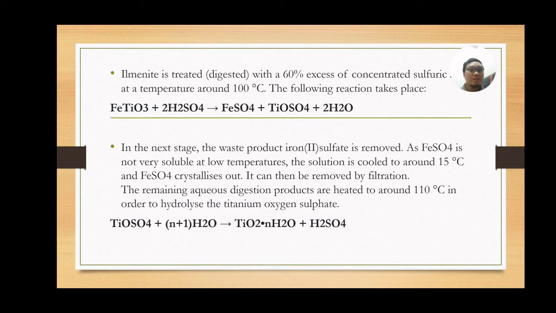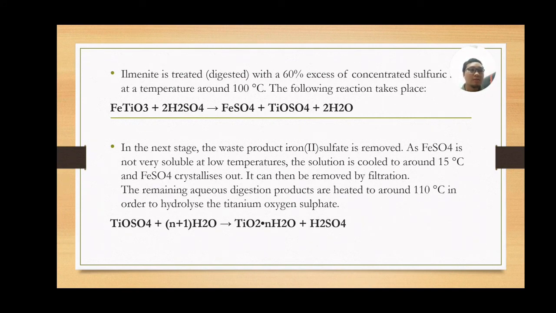Next, in the next stage, the waste product iron sulfate is removed as FeSO4 is not very soluble at low temperature. The solution is cooled to around 50 degrees Celsius and FeSO4 crystallizes out.